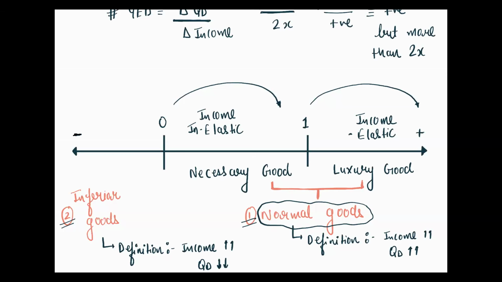Here is a negative value, here is a 0 value, and here is a 1 value. Which kind of good has the negative value? With the increase in income, your quantity demanded is decreasing; these are inferior goods. So inferior goods come over here, anywhere from minus up to 0.